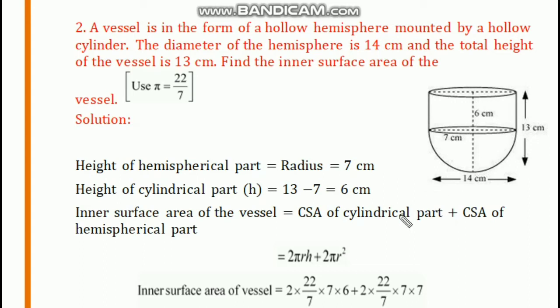We already know the formula: the curved surface area of the cylinder is 2 pi r h, plus the curved surface area of the hemisphere, 2 pi r square. We already found the radius and height of the cylinder, and we know the radius of the hemisphere also. Then substitute the values in the given formula.